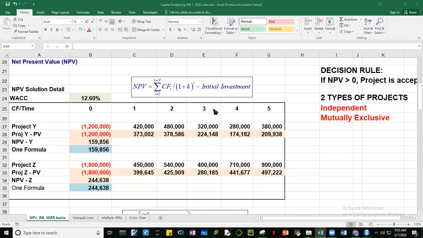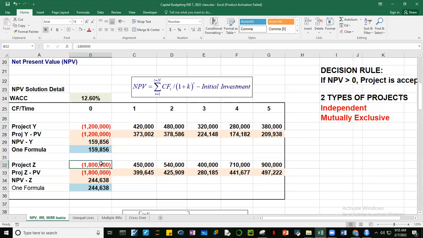Okay, so based on these cash flows and the net present value, which of these projects are feasible? So it depends, guys. If the projects are independent, then both projects can be done by the company, assuming that the company has sufficient funds.